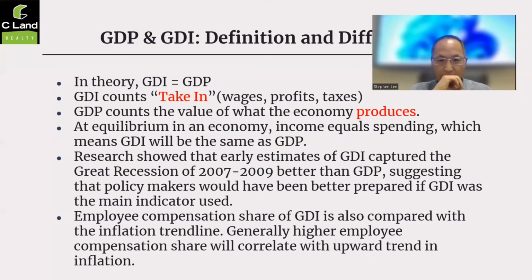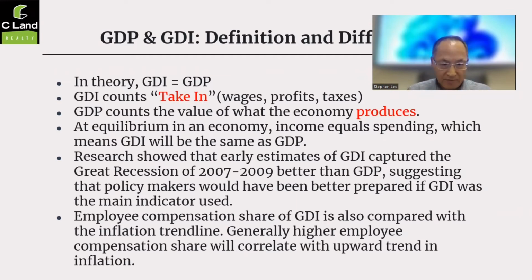That is what the past research about the 2007 to 2009 recession shows. So the policymakers would have been better prepared if GDI was the main indicator used. But that means at the time, probably all the economists used the GDP to prepare for the recession or expansion.